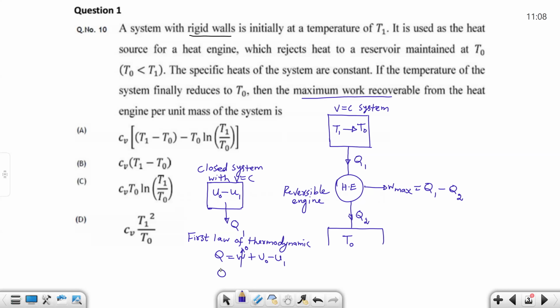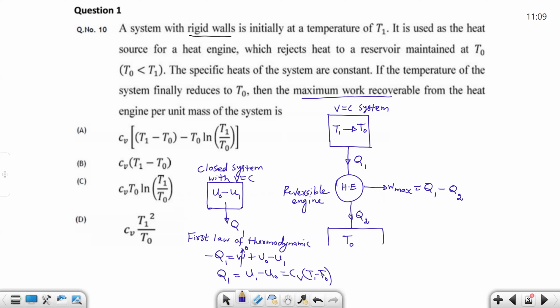So heat transfer is Q1, which will be coming out, so negative. The heat is going out, so negative. Then Q1 will be equal to U1 minus U0. So negative I have taken to the other side. So this will be per unit mass of the system. So Cv into T1 minus T0. This is your Q1.